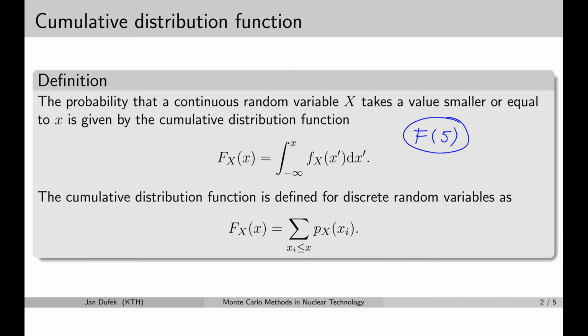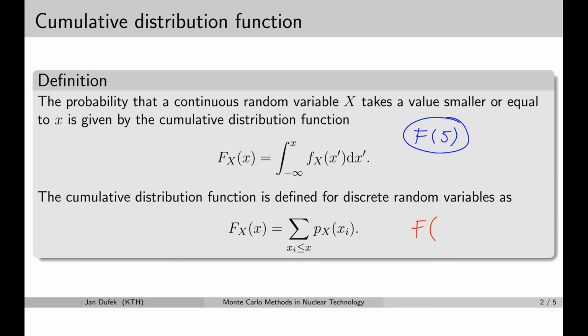The cumulative distribution function is defined in a similar fashion for discrete random variables as well. We can have the example of the reaction type. So we had reaction type number 1 for fission, reaction type number 2 for the capture, and reaction type number 3 for scattering in the previous mini lesson.